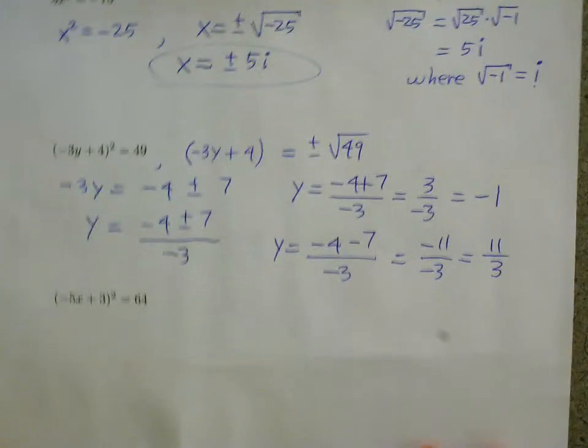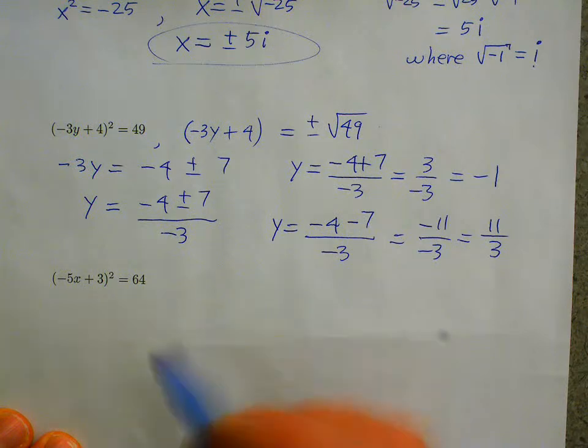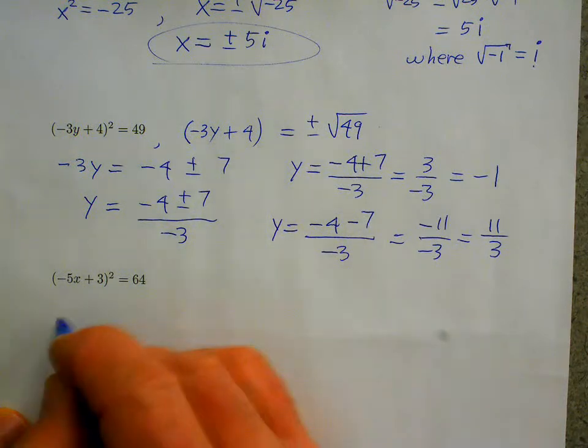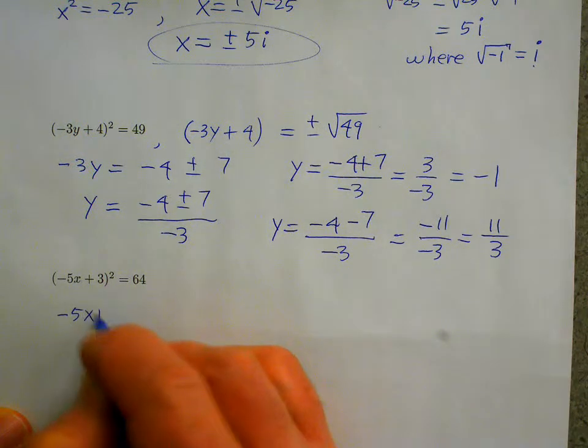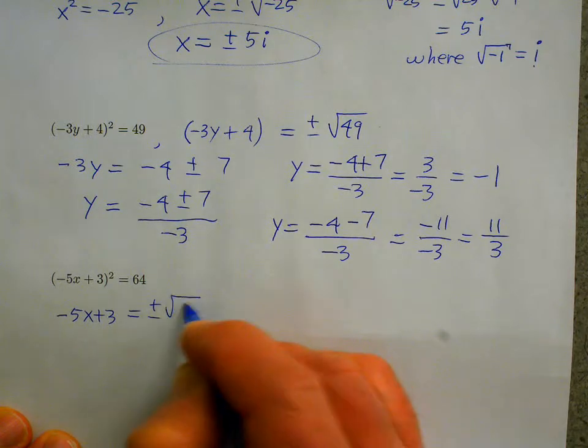Okay, the next one, the binomial -5x plus 3 squared equals 64. So apply the square root property, and we get -5x plus 3 equals positive and negative square root of 64.